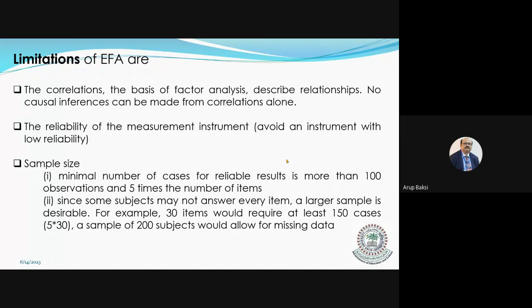The minimal number of cases for reliable results is more than 100 observations and 5 times the number of items. So if a researcher has identified, say, 25 scale items or 30 or 50 scale items, then if it is 30 scale items, you need a minimum of 150 cases.